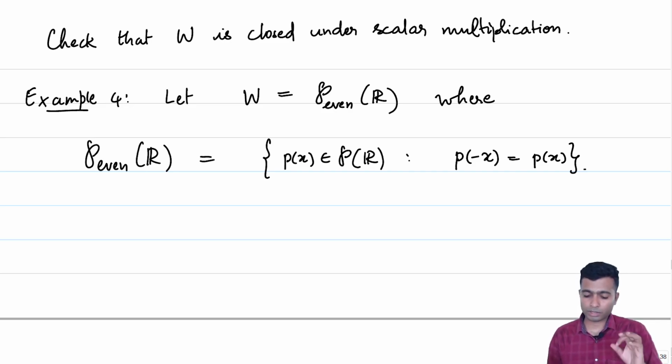Then I would like to claim that W is a vector subspace. Of course, it is a vector space as well. More precisely, it is a vector subspace of P of R.